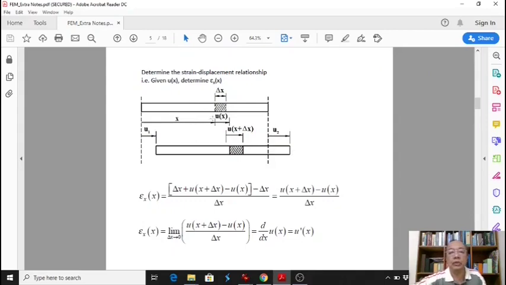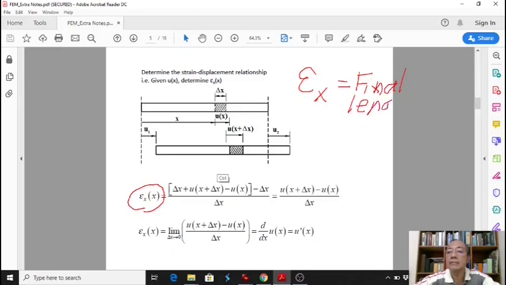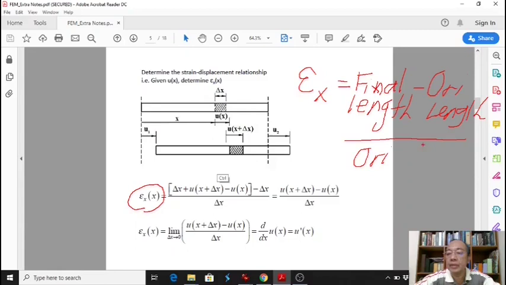From the basic definition of strain, strain in the x direction is equal to final length minus original length, per original length.